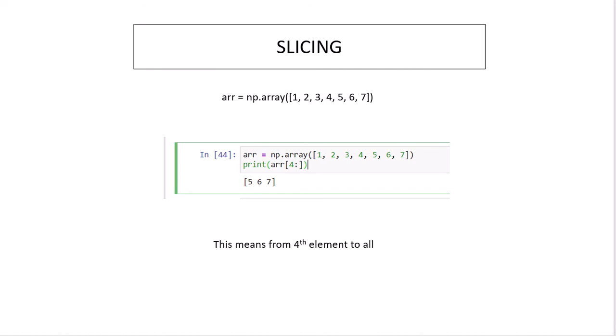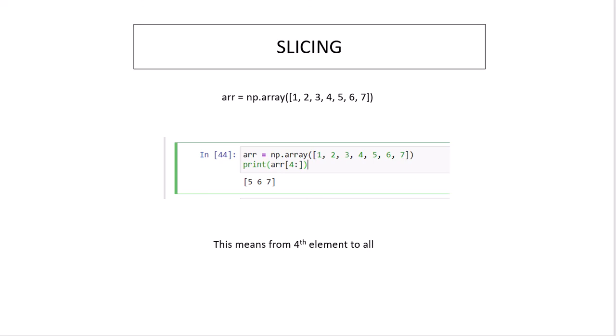Now -4 sounds a little confusing here. We may think that it is going to break, but no. What will happen? When we say 0, we are referring to 1. When we say index 1, we are referring to 2. But when we start saying -1, we start counting our index from the reverse, from the rightmost.